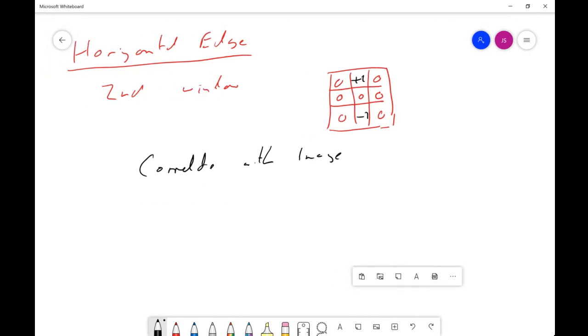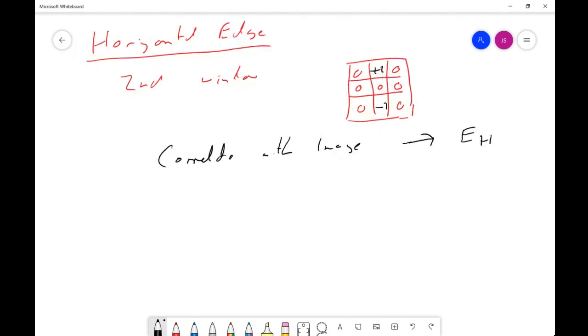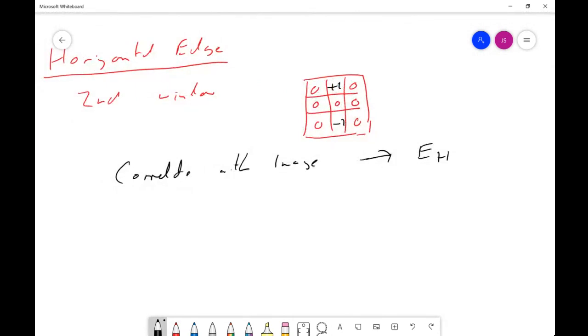And that will give you EH, which is the horizontal edge strength, because it's measuring the intensity above and below the pixel you're operating on, and that will detect an edge if the image is like that. So we've now got 2 edge components.